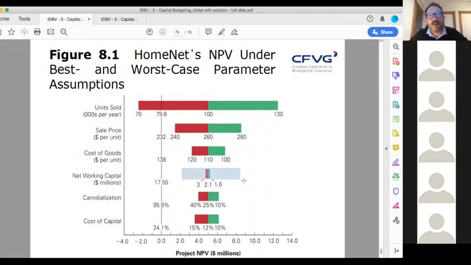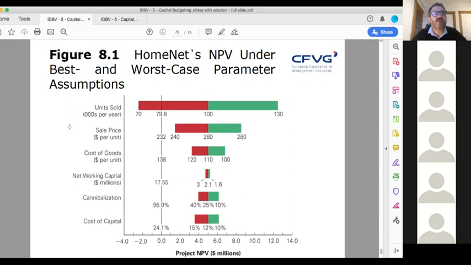Because if we make a mistake in this assumption, it's not going to change NPV very much. The NPV is not sensitive to that parameter. So if we are working in a company, we are paid for that, and our boss is asking us to provide a result by the end of the week or something like this. Thanks to this chart, we know that it's already not useful for us to spend time working on different assumptions for the net working capital. We don't care. It's not going to change the result.